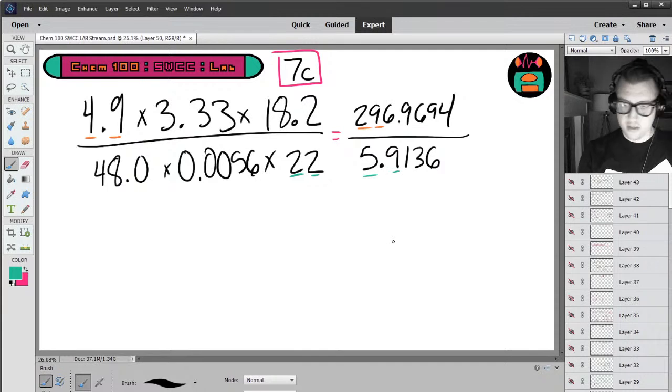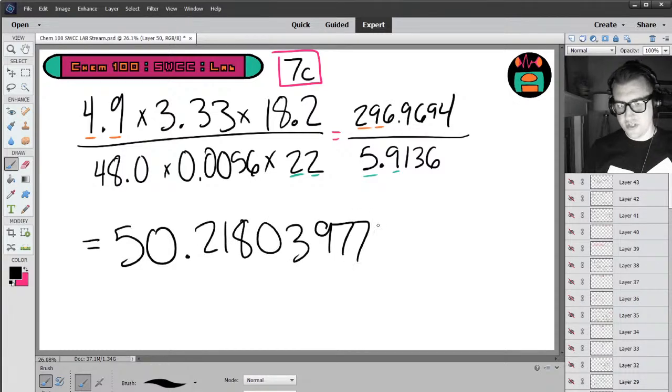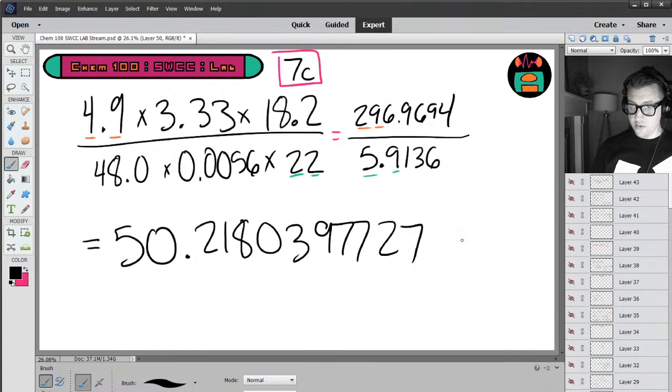Now we do numerator over denominator. 296.9694 divided by 5.9136 is 50.21803977727.